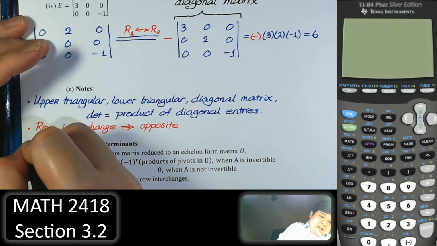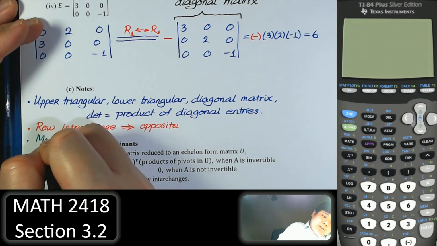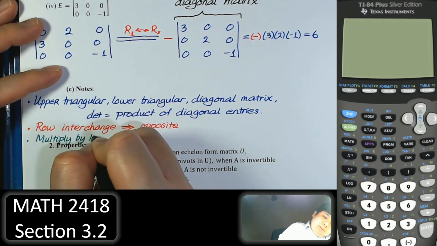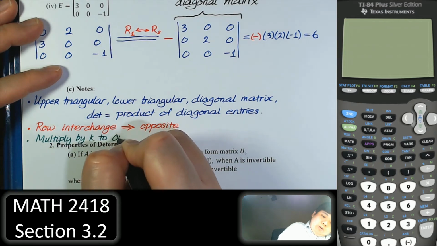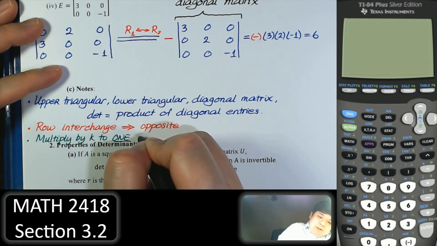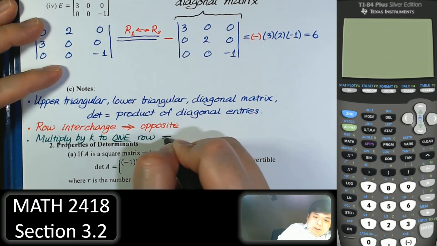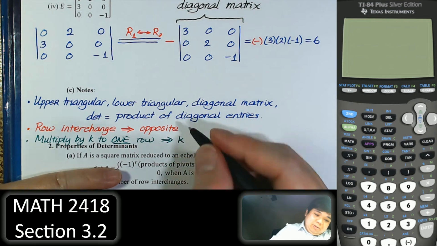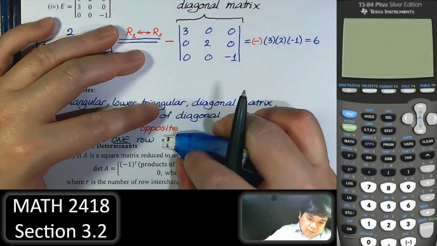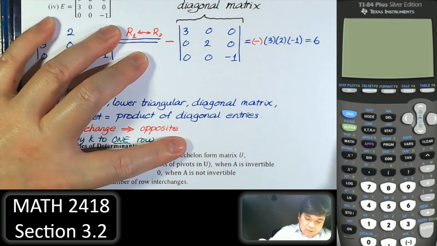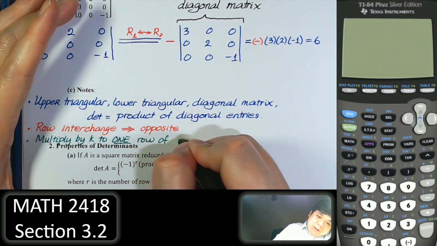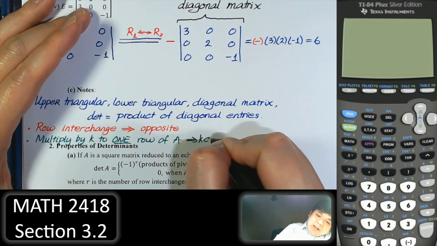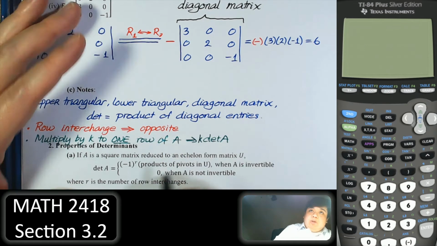And then the next, multiply by k to one row. The determinant equals k times the original. So we will have k times the determinant of the original matrix.